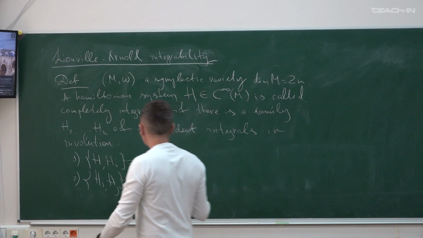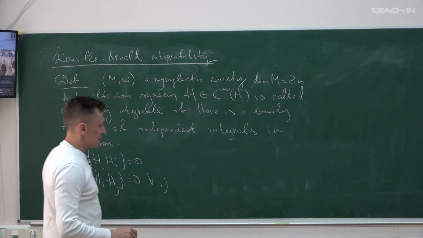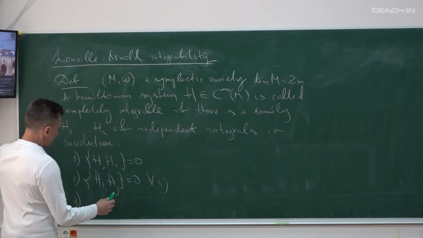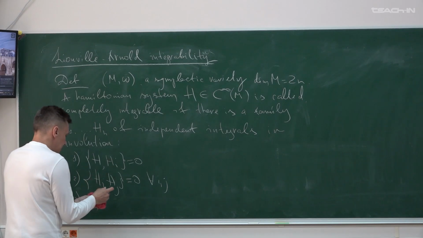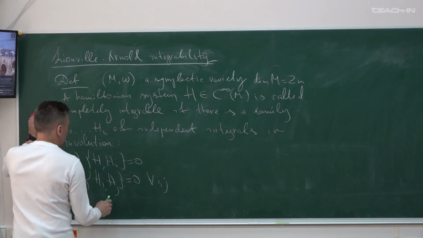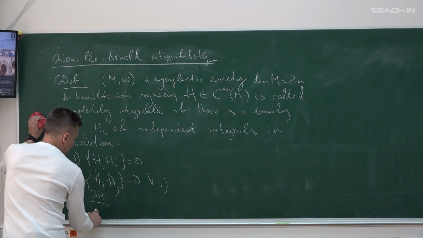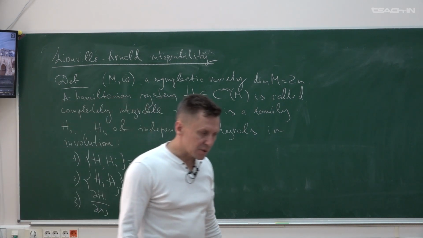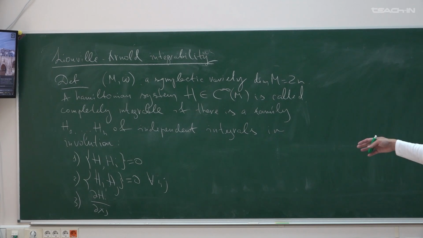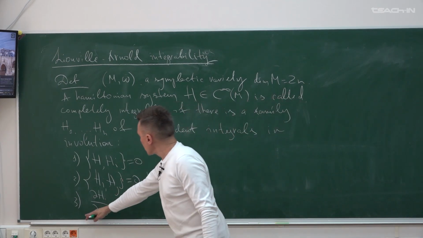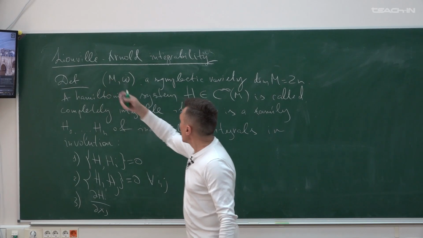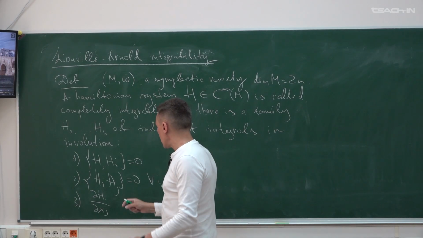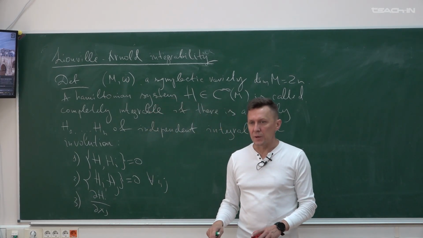And the independence means, like in the case of the Kepler problem, a condition on the rank of the Jacobi matrix. So dHi over dxj, it's a matrix of all partial derivatives of our functions with respect to the local coordinates on our symplectic variety. But you see here i goes from 1 to n and j goes from 1 to 2n.